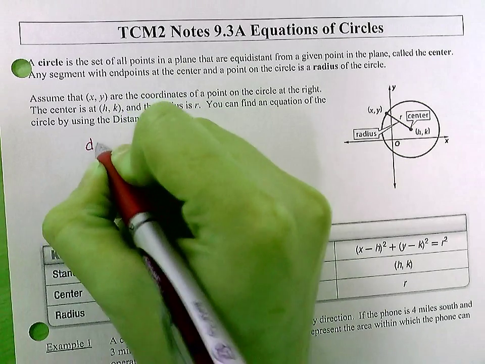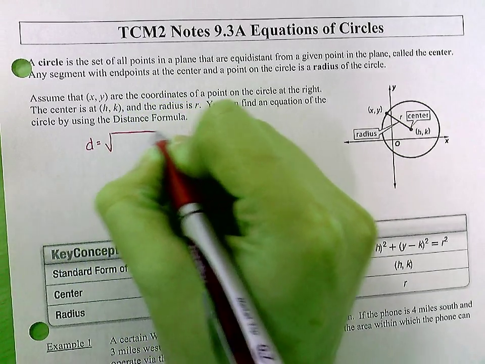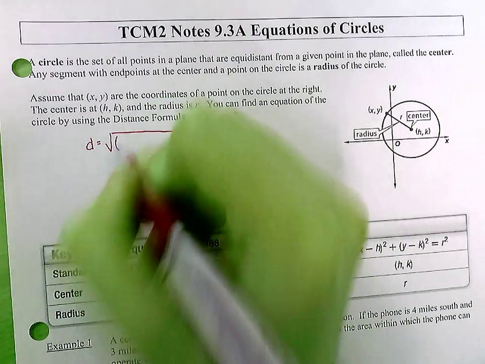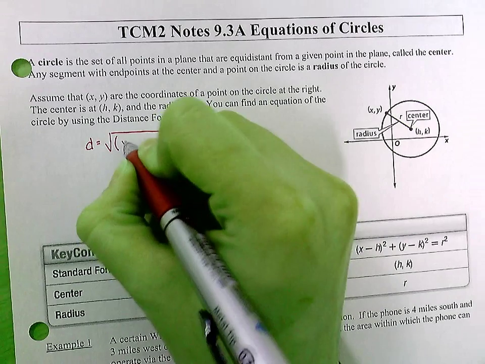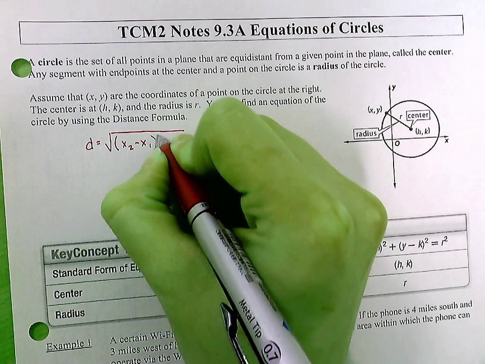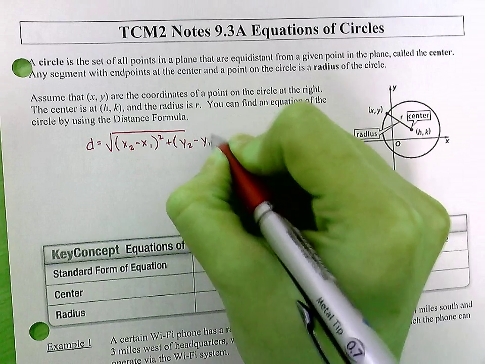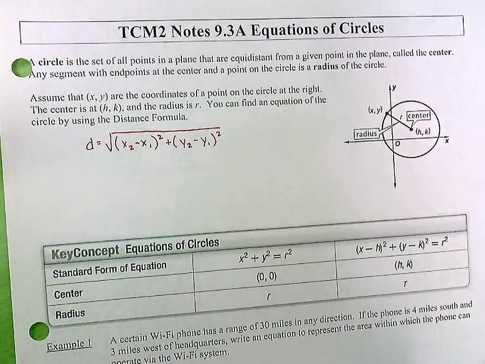Our distance formula again looks like this: x sub 2 minus x sub 1 squared plus y sub 2 minus y sub 1 squared.